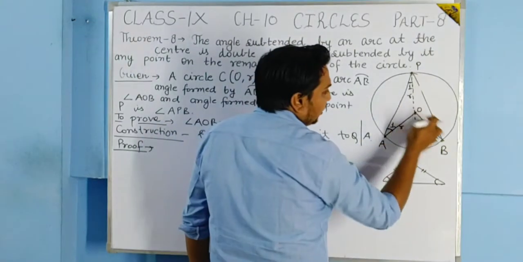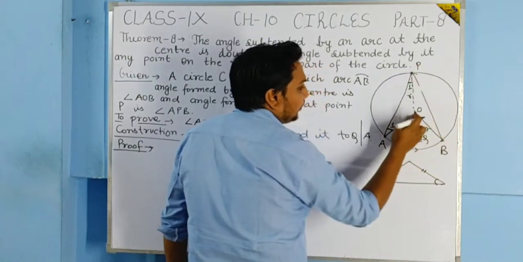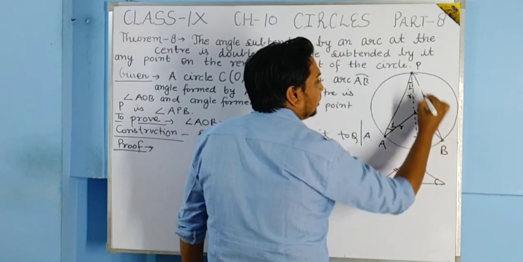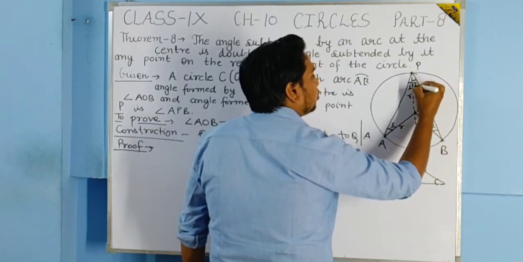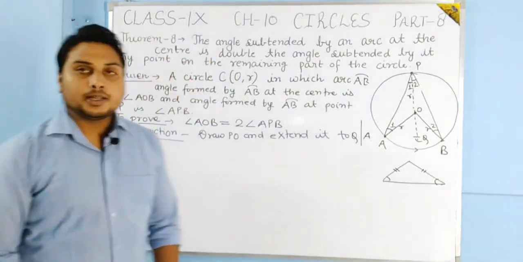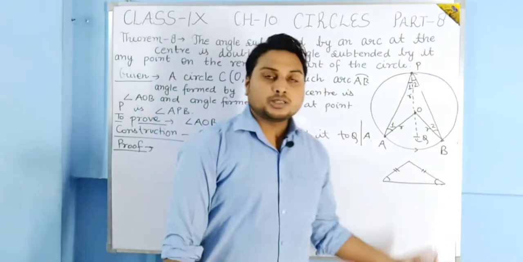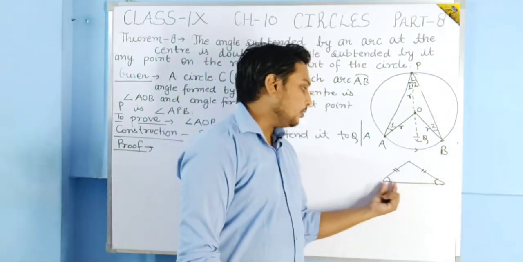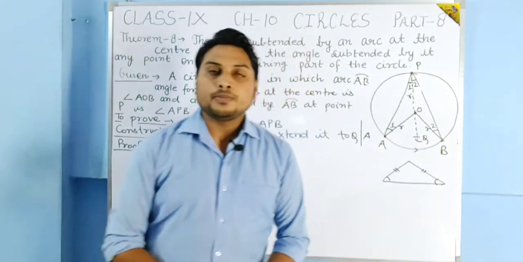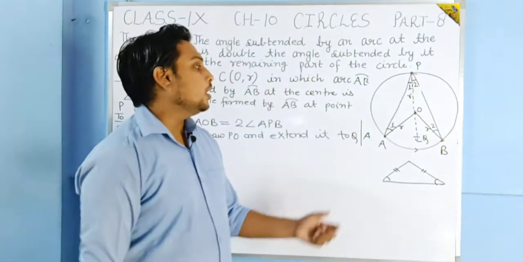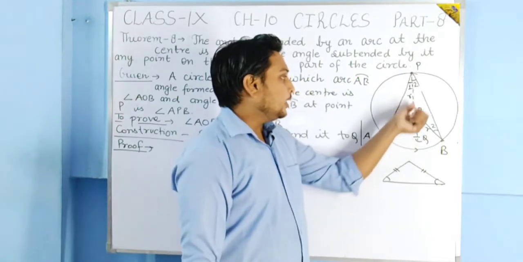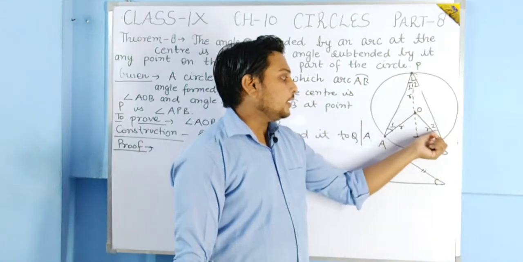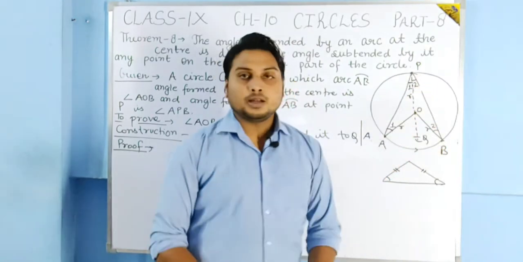In the same manner, in triangle POB, this is the radius R and this is the radius R, so if it is angle 2, then it will also be angle 2. Are you getting this point? We have studied in the chapter on triangles that if two sides are equal, then the angles opposite to them are also equal. Here the radii are equal, so if it is angle 1, then it will also be 1, and if it is angle 2, then it will also be angle 2.